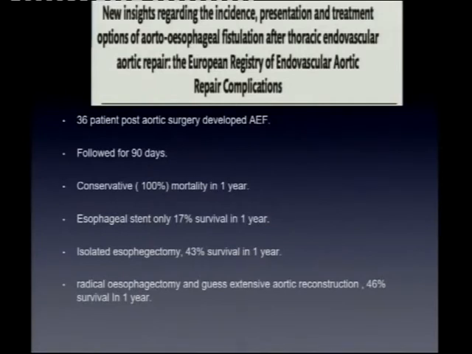The second group was the esophageal stent group, and survival rate was 17% at 1 year. The third group was the isolated esophagectomy group, with 43% survival at 1 year. The last group, which had the best outcome, was radical esophagectomy and extensive aortic reconstruction, with 46% survival at 1 year.